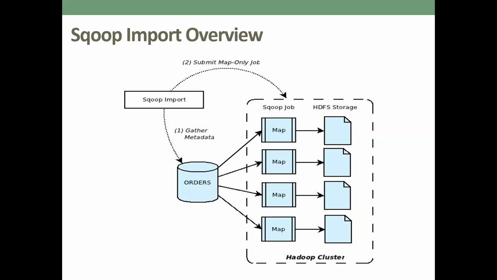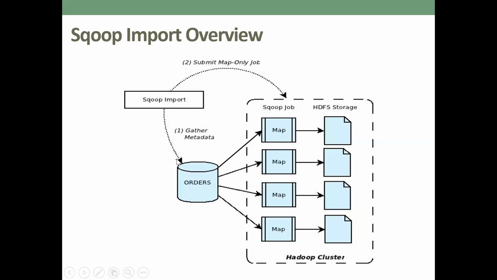So 4 map tasks is the default value, but you can control it by providing -m as a parameter followed by the number of mappers. The Sqoop community feels that 4 is the ideal number of map tasks for any job, but you can actually change it.